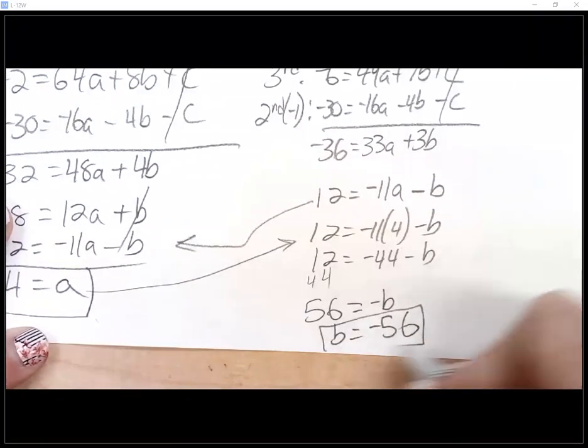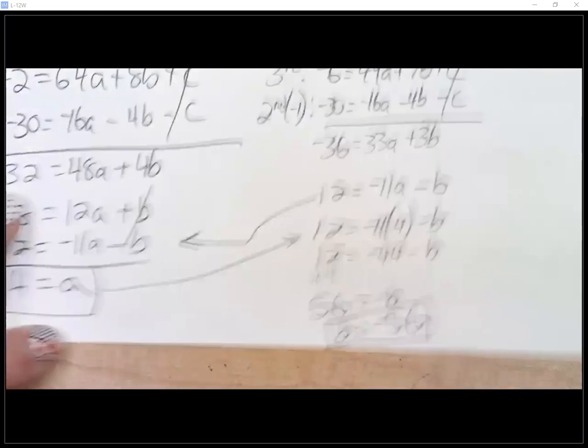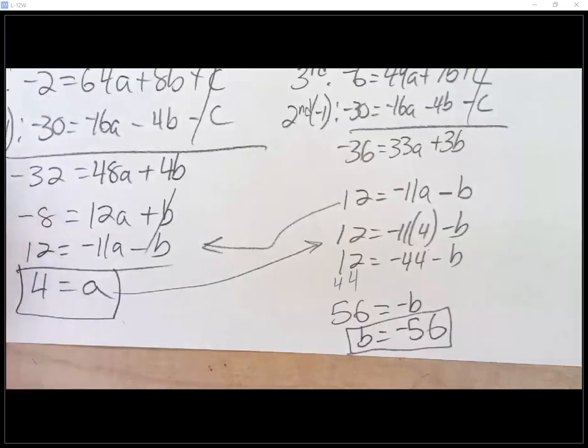And then C, I just take both of those answers for A and B and go back to one of my originals. I will pick the top one because it's not so bad.